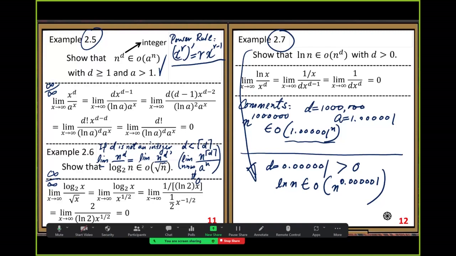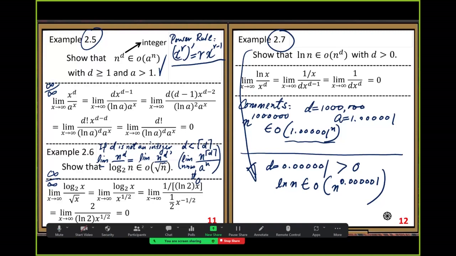A lot of things are hard to see. So I give you these two examples. Not quite intuitive. But if the proof is correct, then the result must be correct. All right. Any question?